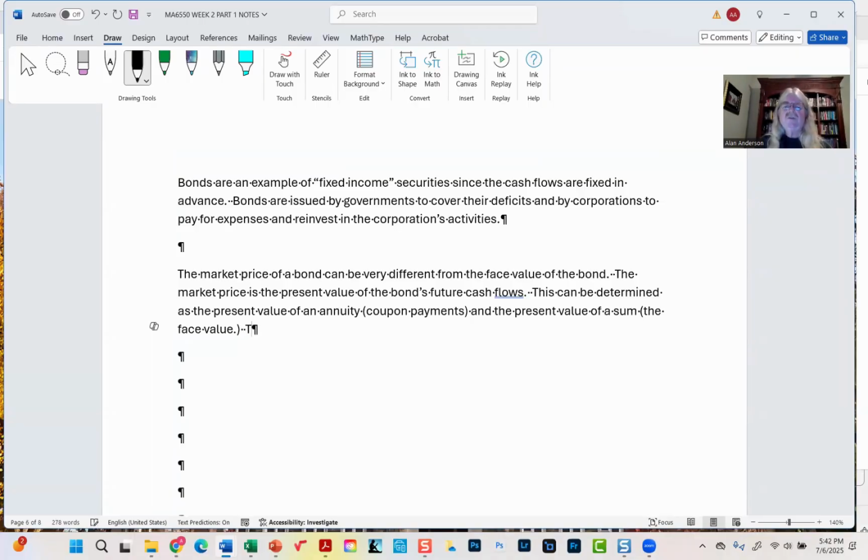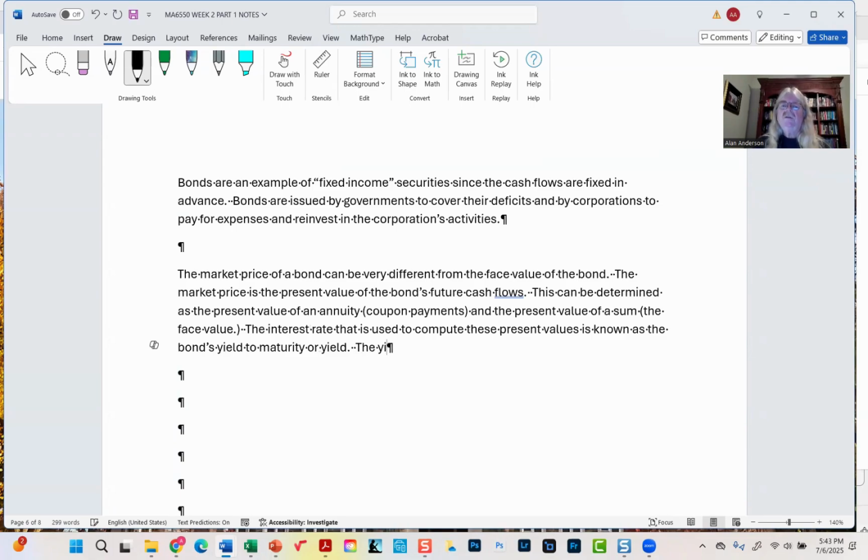So the interest rate that is used to compute these present values is known as the bond's yield to maturity. Often it's simply called the yield.